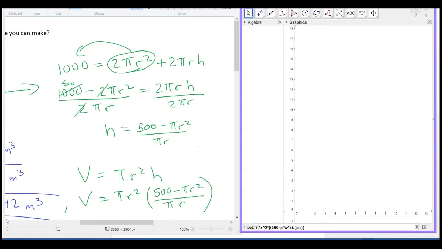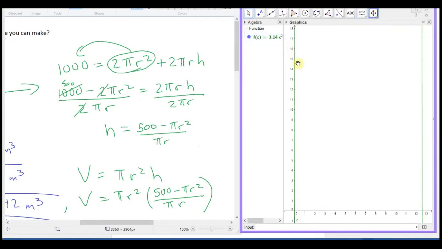I think I'll do 3.14. All right, let's see if it'll graph it. It graphed it. Excellent.